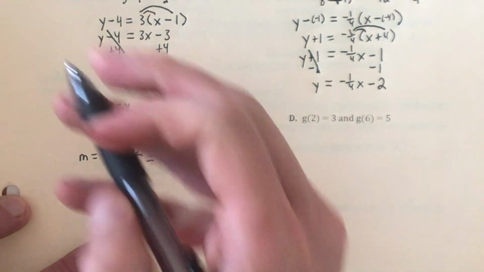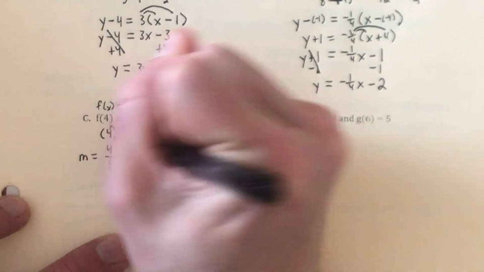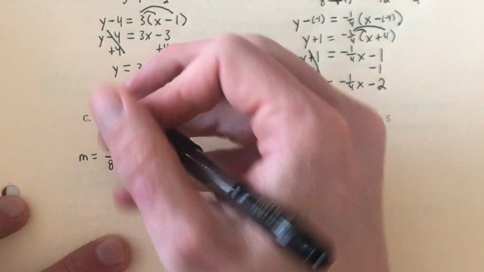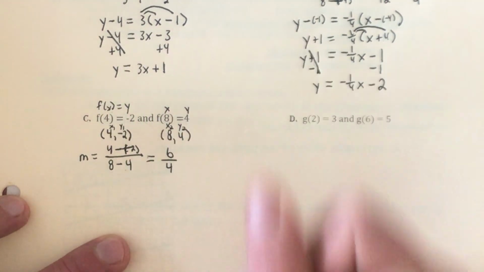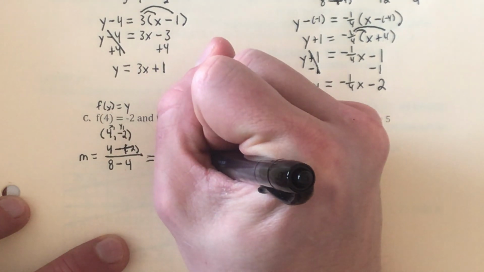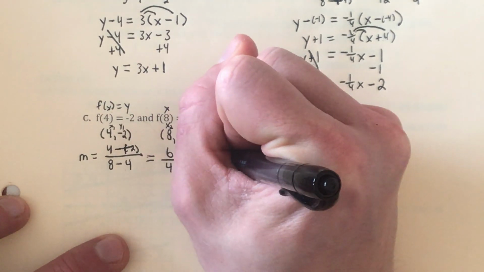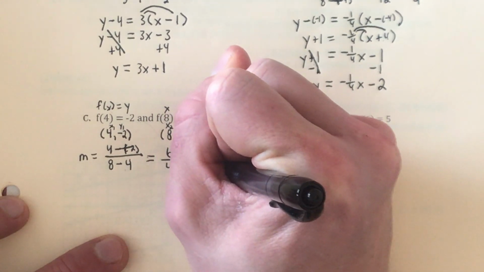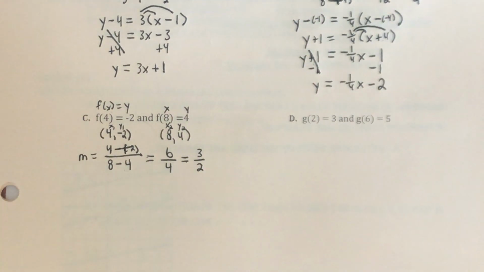Well, 4 minus -2, that's like 4 plus 2, which is 6, over 8 minus 4, which is 4. Well, I know both 6 and 4 have a common factor of 2, so I'm going to divide them both by 2. So 6 divided by 2 is 3, and 4 divided by 2 is 2. So 3/2 is the simplified version of the slope. Well, now I've got the information I need.